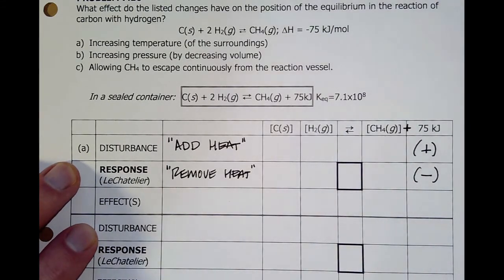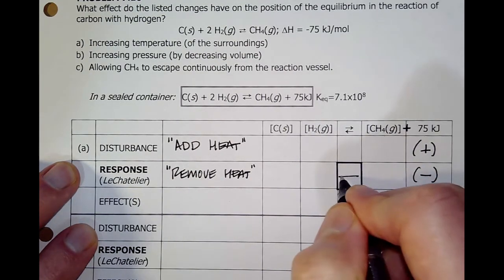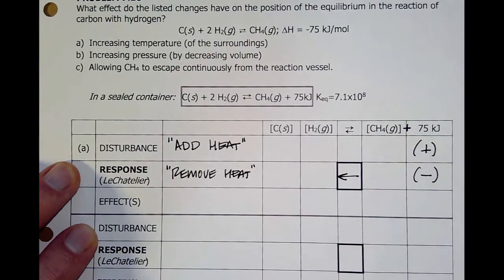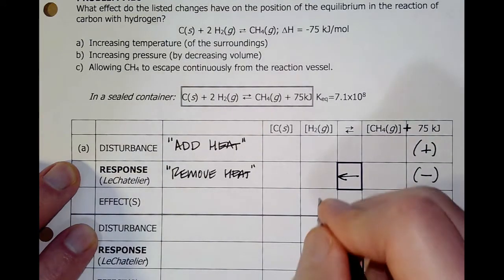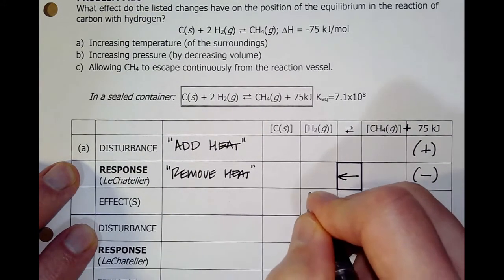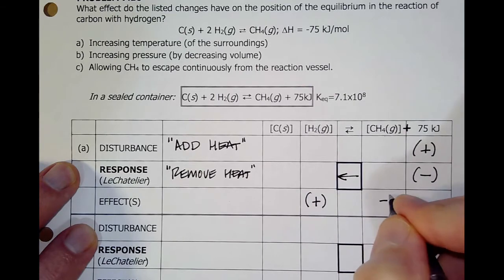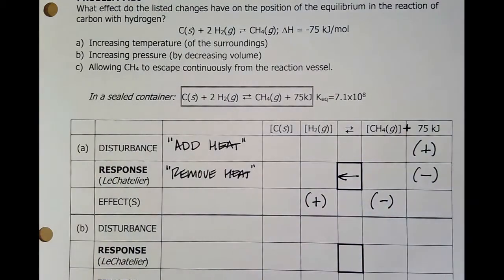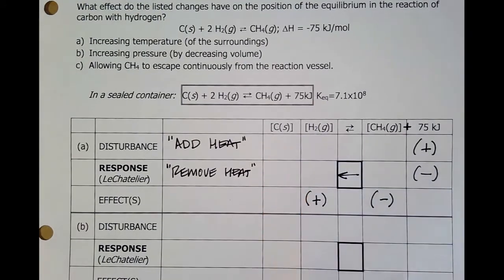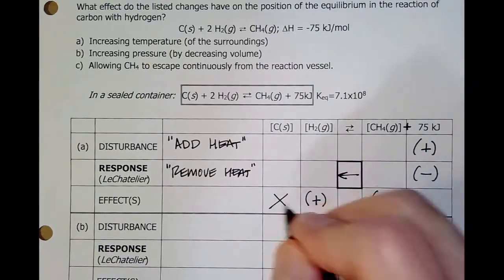Now on the previous page we said, if you want to remove heat, you run the reverse reaction. My effects: increased hydrogen, decreased concentration of methane, CH4. Now you notice I'm not doing anything with this solid column. It's a solid. It has no impact on the equilibrium.